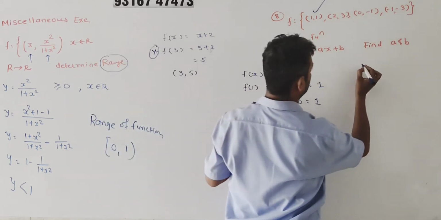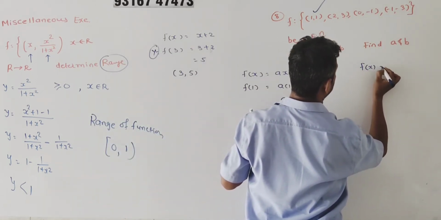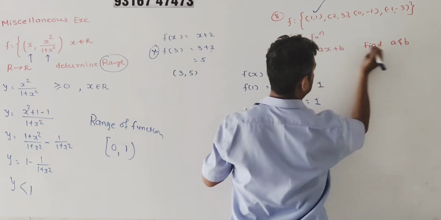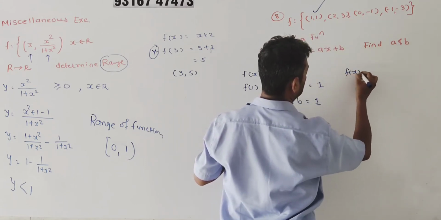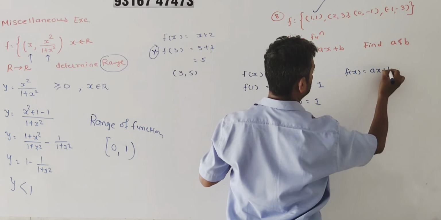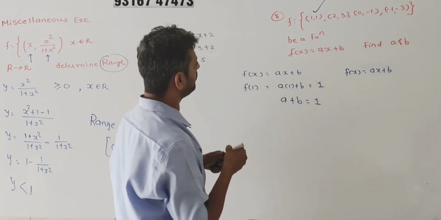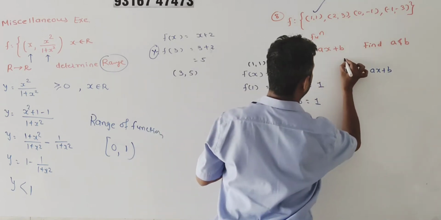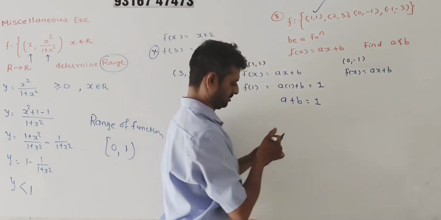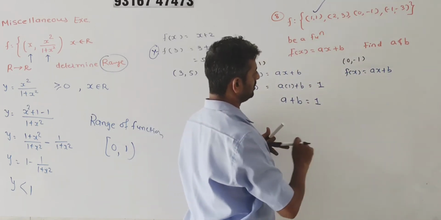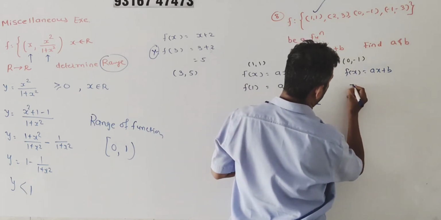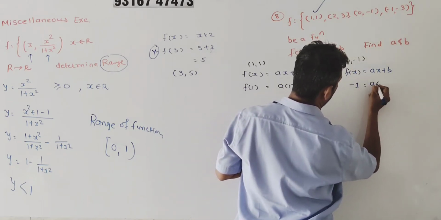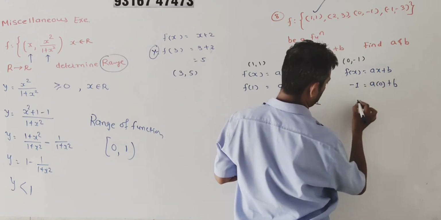Now again I will take f(x) is equal to ax plus b. Here I took the ordered pair (1, 1). Here I will take the ordered pair (0, minus 1). So the f(x) value is minus 1, a into 0 plus b.